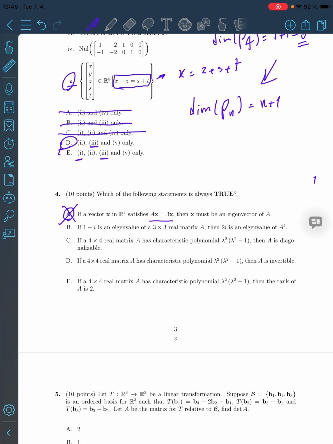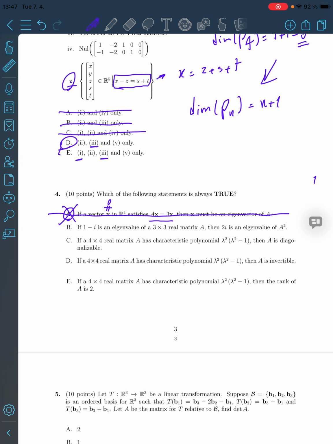Then x must be an eigenvalue. Most students think this is true because they think this is the definition of eigenvalue. But remember that the definition of eigenvector requires x is not equal to 0. Therefore, this statement is definitely not true.